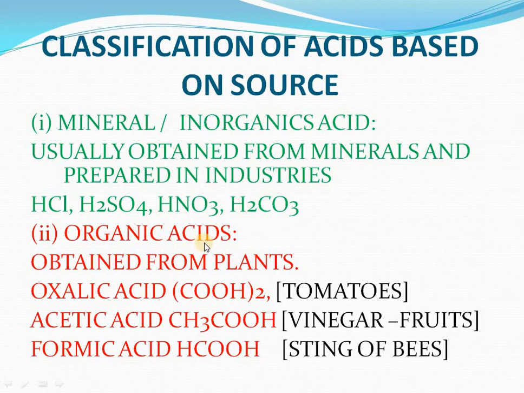Organic acids are derived from plants. Grapes contain a certain acid, tomatoes contain a certain acid, fruits contain some acid, particularly citrus fruits, and the sting of bees contains a certain acid. So acids obtained from plants and insects are known as organic acids, while those we produce in industry are called mineral or inorganic acids.